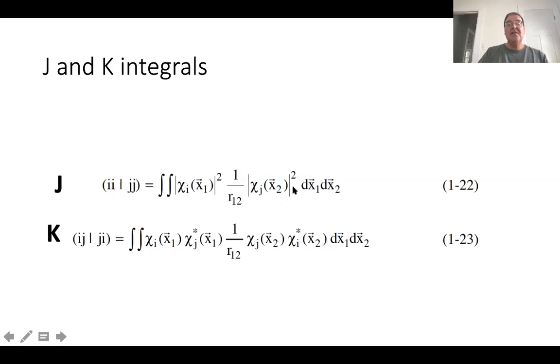Here's another charge density, and I am just picking a position 1 and position 2. I calculate the distance between those and multiply it by a little volume element and a spin function for each. And then I add them up by integrating. But here's that weird thing, that K, which is orbital I, orbital J for electron 1, orbital J, orbital I for electron 2. And again, in the next video, we'll talk a little bit more about that.